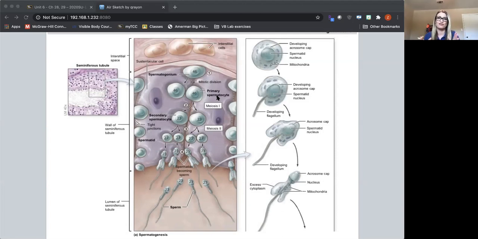You have a limited amount of oocytes that your body has and will produce. But with the sperm, you have an unlimited number of sperm because every time you divide that spermatogonium, it creates a new spermatogonium. So the primary spermatocyte then, that is the cell that's going to enter meiosis.